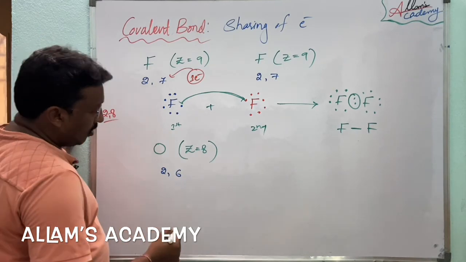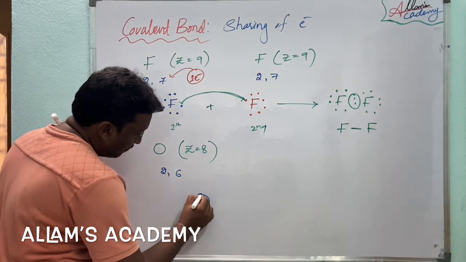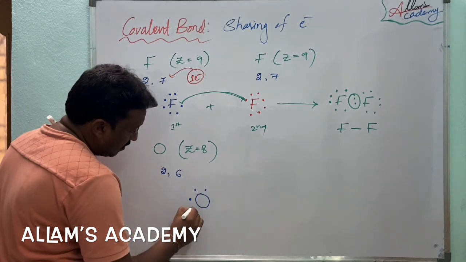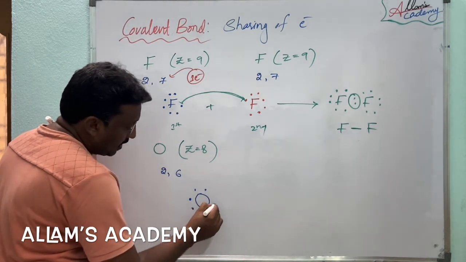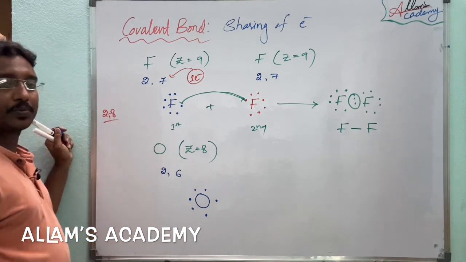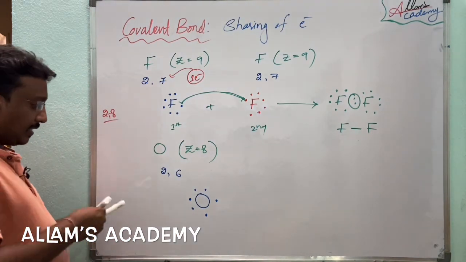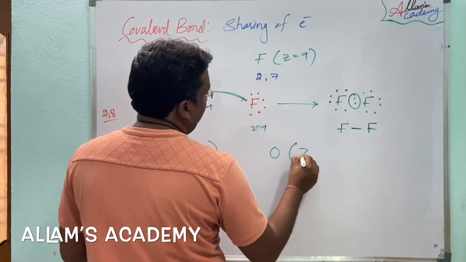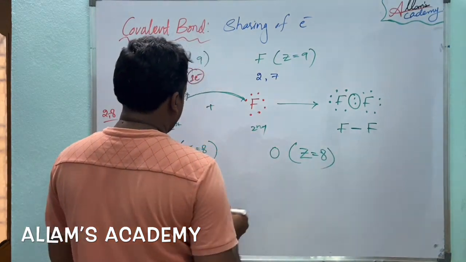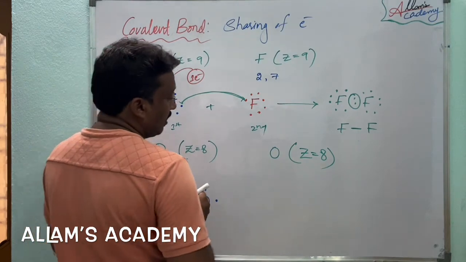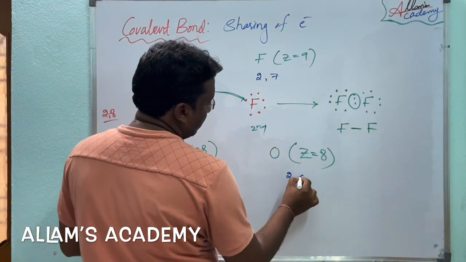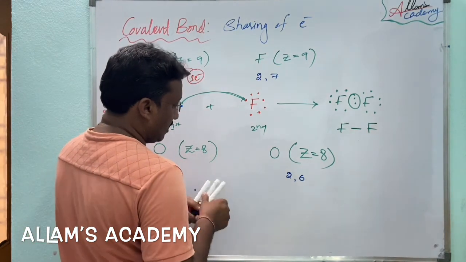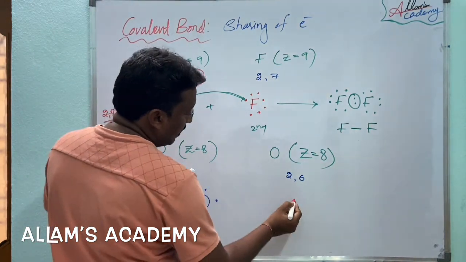Dot structure: 1, 2, 3, 4, 5, 6. At the same time, here is one more oxygen. Atomic number is 8. 2, 6. The dot structure is represented for this.